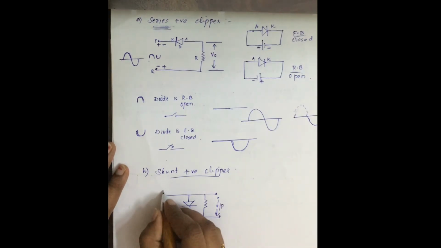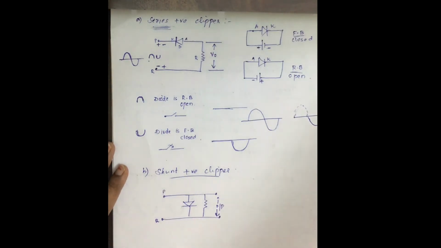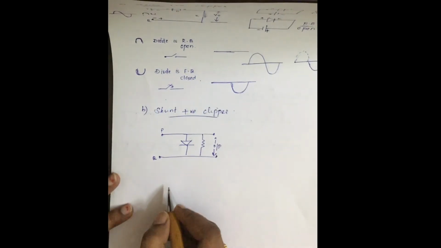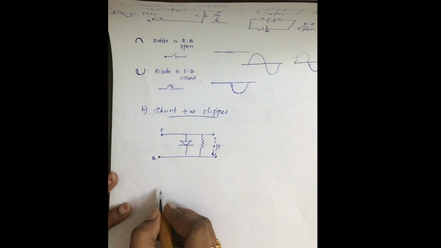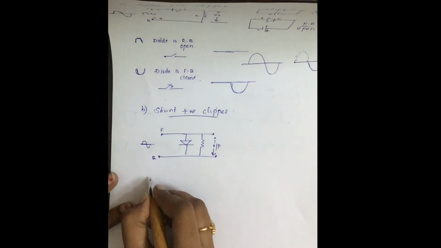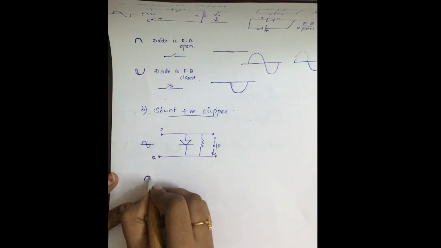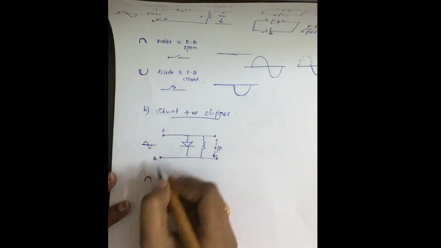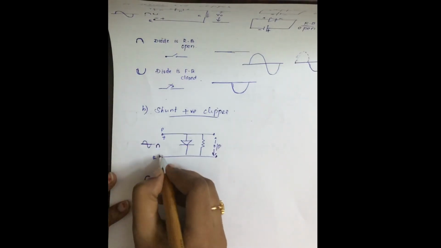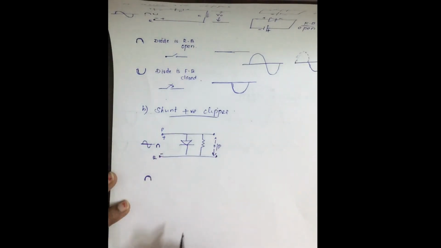This is P and this is Q. Here again, this is the input signal. For the positive half of the signal, what happens? You are applying the positive half of the signal first, hence P will become positive and Q will become negative.